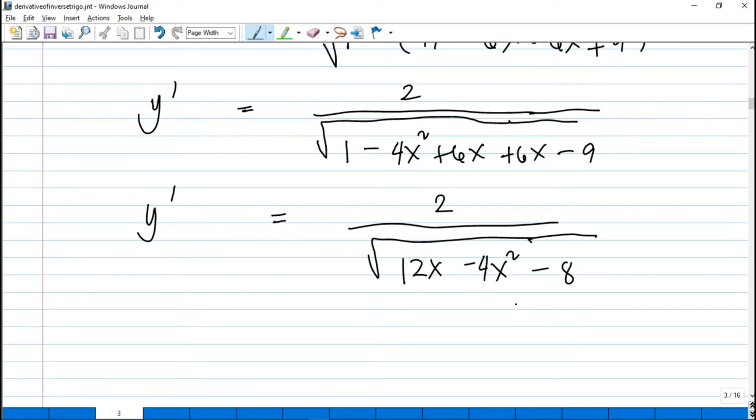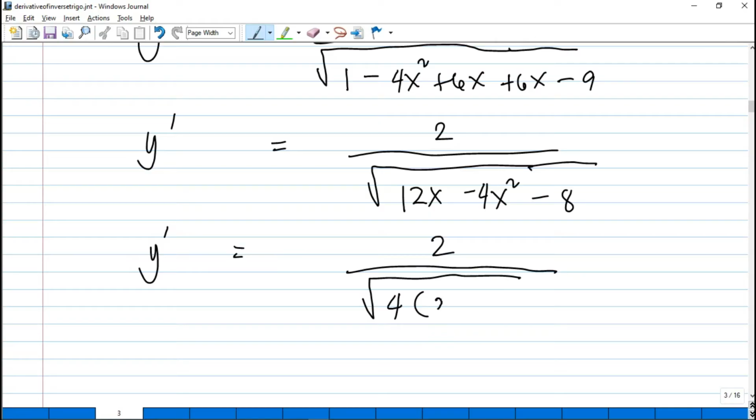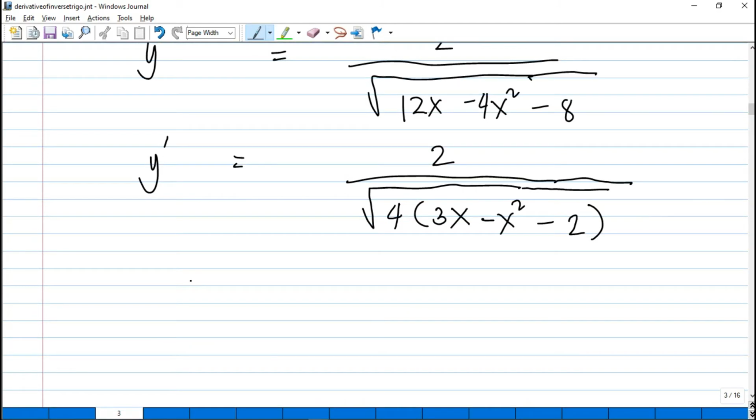Okay, so the common factor inside this radical sign is 4. So let's factor out the 4. So y prime equals 2 all over the square root of 4 times the quantity 3x minus x squared minus 2. Then the square root of 4 is 2.